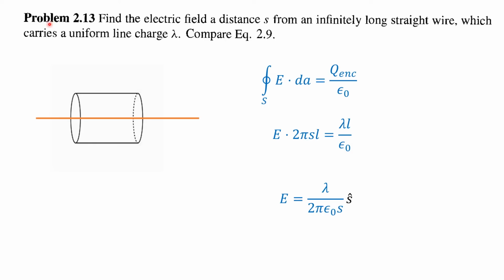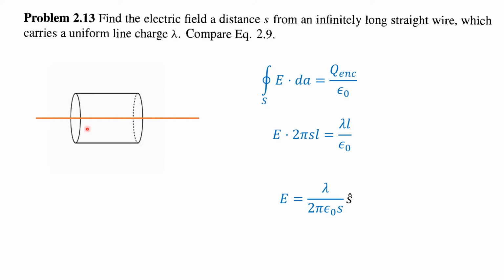Now we will solve problem 2.13. The problem is: find the electric field at a distance s from an infinitely long straight wire which carries a uniform line charge lambda. Compare with equation 2.9. Now, this is the long straight wire which has infinite length.